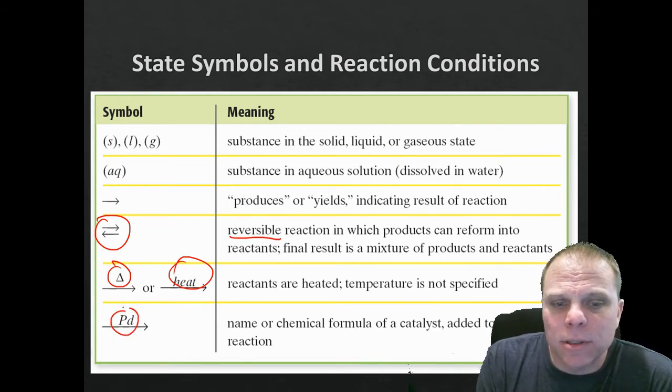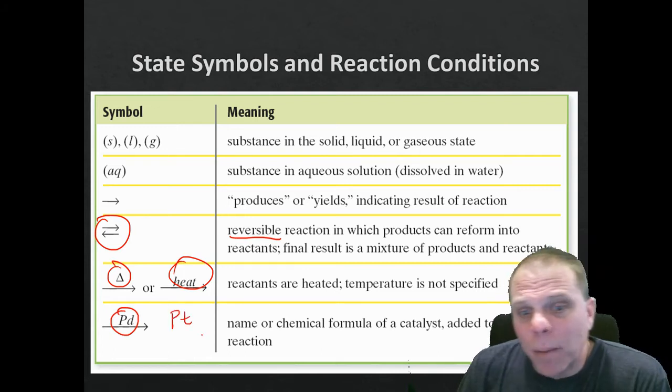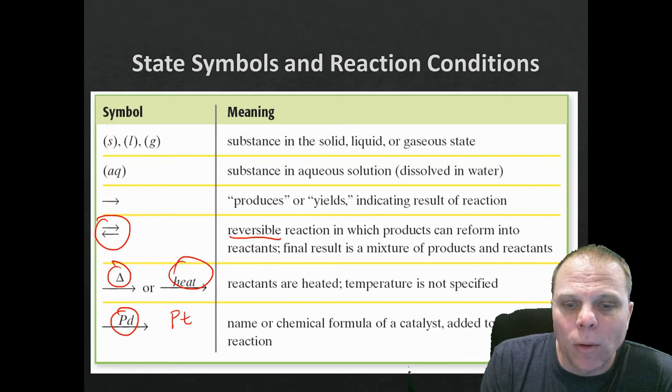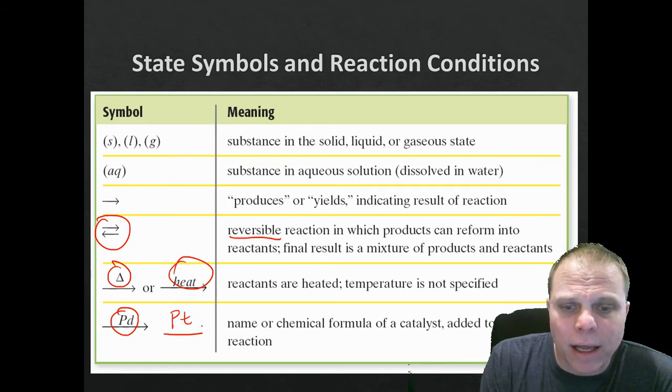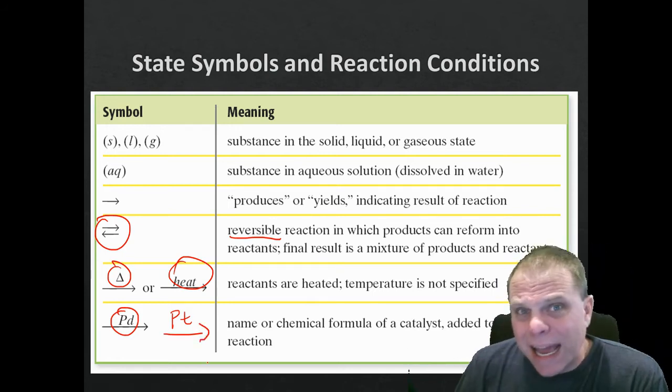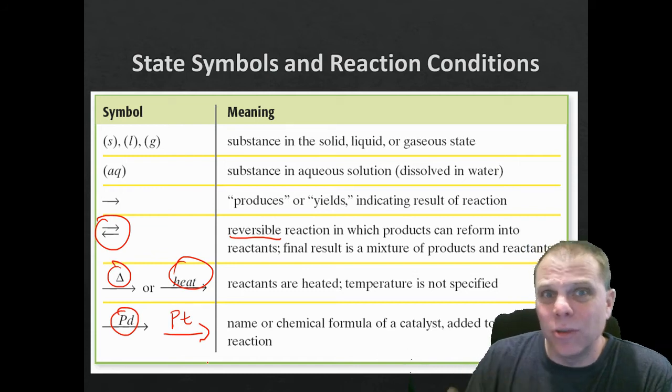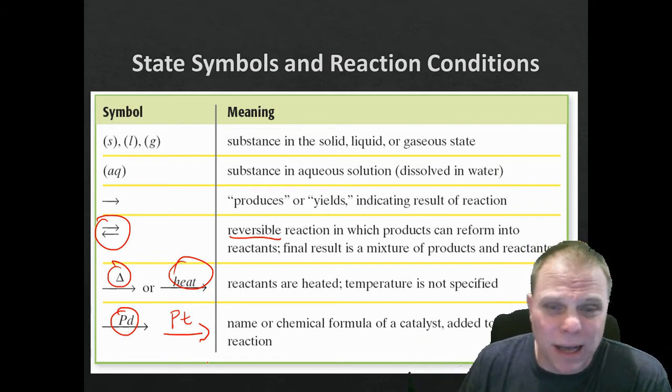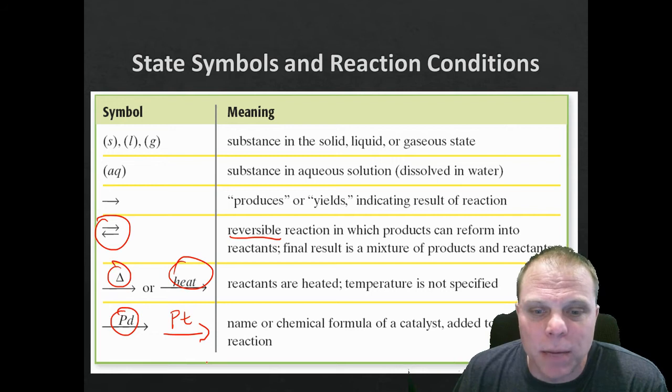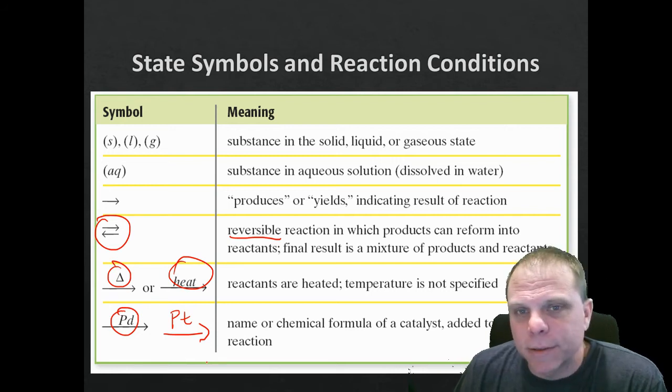And then sometimes we'll use little element symbols like palladium or platinum above the arrow to indicate, you know what? We actually have a catalyst in this reaction, and that catalyst is something that you need in order for this reaction to speed up. And so the reaction will take place with platinum, for instance.